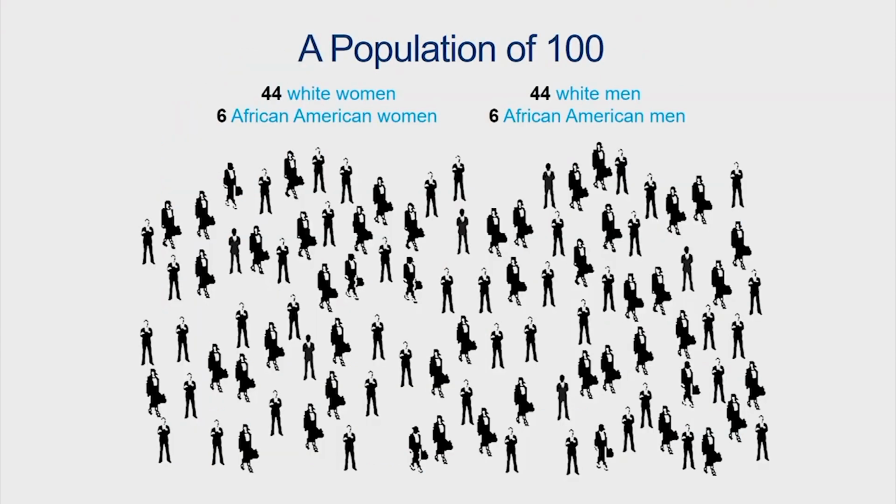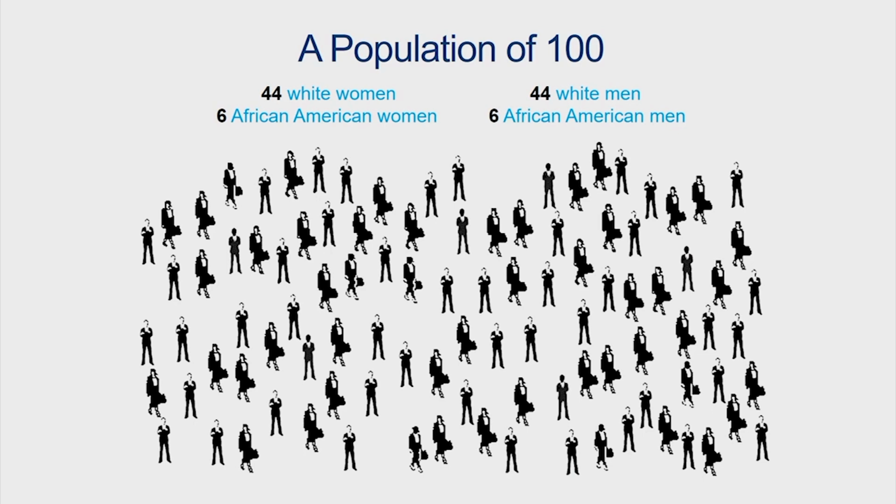Here we have a population of 100, constituting 44 white women and 44 white men respectively, and 6 African American women and 6 men respectively. Now, this is a population of 100 people, and we want to draw a sample from this population.